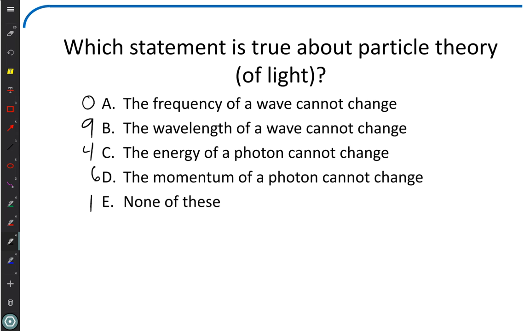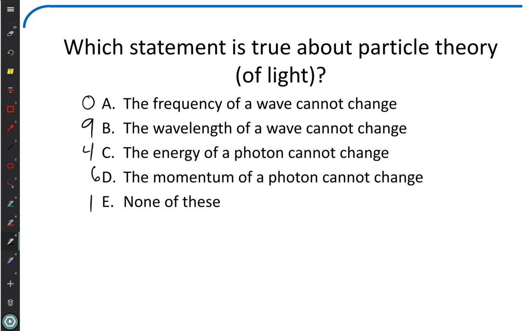So I can imagine people saying, well, he said that there's a momentum equation. You have momentum for a photon, so maybe that was it. I can see that as a reasonable answer. The wavelength cannot change. Well, clearly, if the frequency can change in the same medium, then the wavelength has to change. So you were left with D and E as the semi-reasonable ones, but it turns out that E is the correct answer.